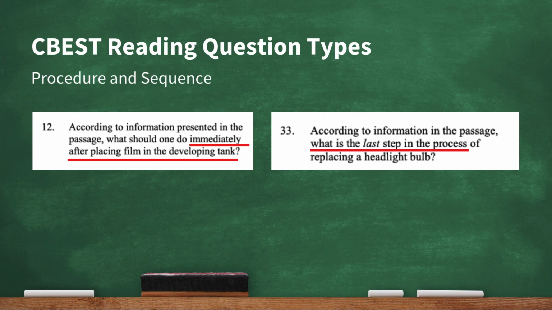So if you have a look at questions 12 and 33, I underlined in red the key markings that show us that this is procedure or sequence, such as number 12, immediately after. That's how we know when it says to do something and then immediately after, that's a procedure. Number 33, according to the information in the passage, then underlined in red, what is the last step in the process? We know that this is sequence.